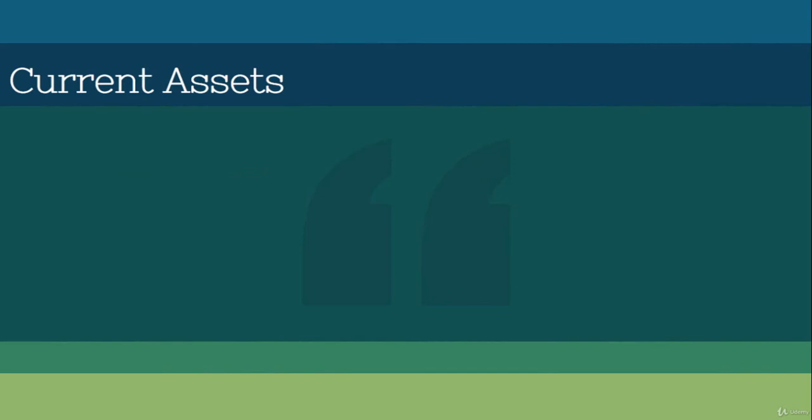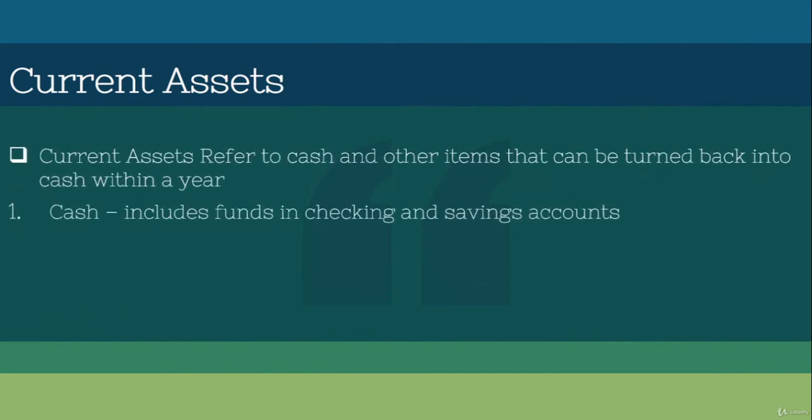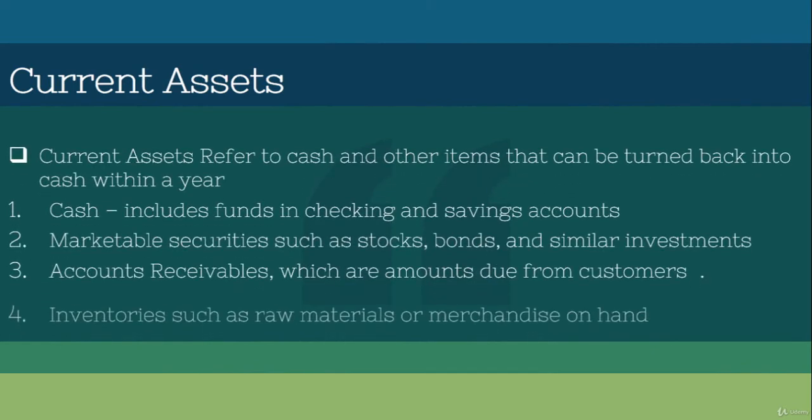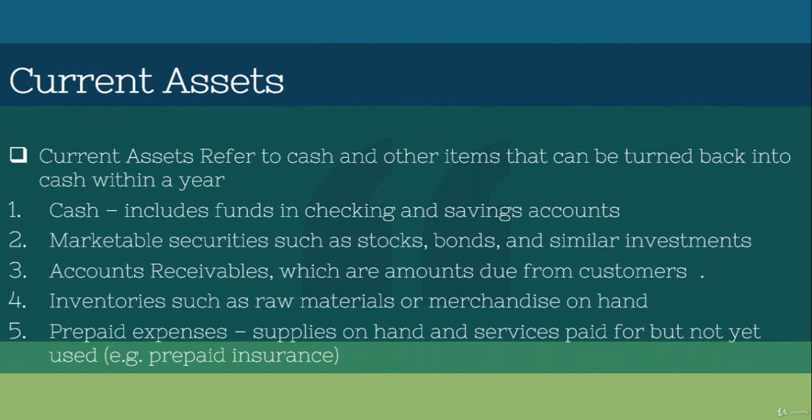We are going to discuss in the next slide. A current asset normally means we can turn it back into cash within 1 year. It means that if we have an asset, we can get the money within 1 year. Those assets are called current assets.